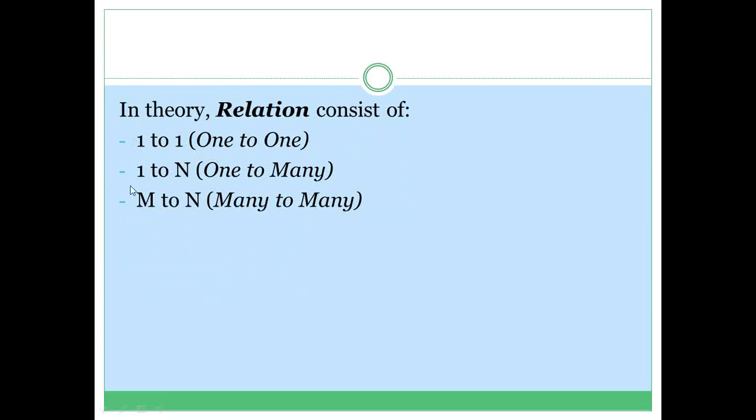It's only one-to-many and many-to-many. Many-to-many itself contains one-to-many and many-to-one. So the union of them is called many-to-many. So in reality, the relation that exists is only one-to-many.